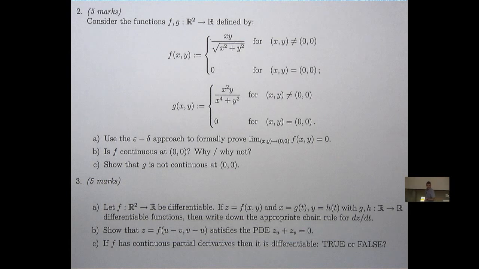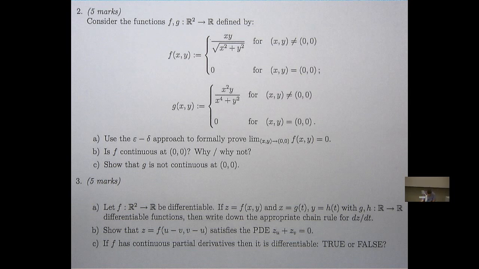Part C, show that G is not continuous at 0, 0. So what would we want to do there? We'd want to show that the limit, as you approach the origin of G, is not equal to the value of G, i.e. 0. Can anyone remember a method for showing that limits don't exist?